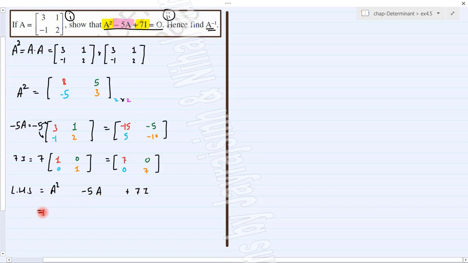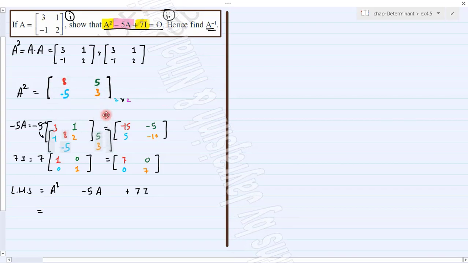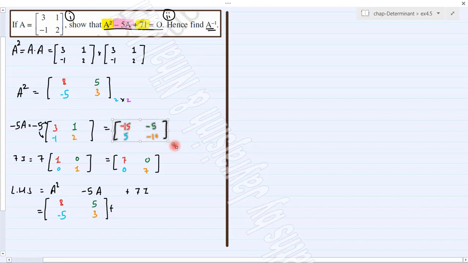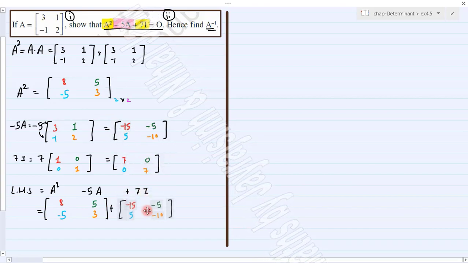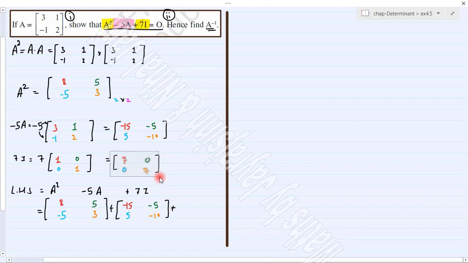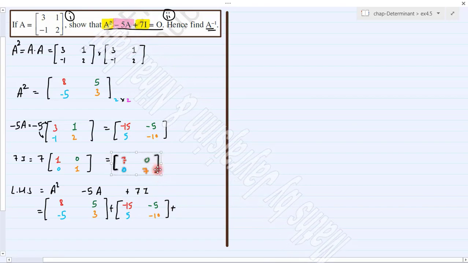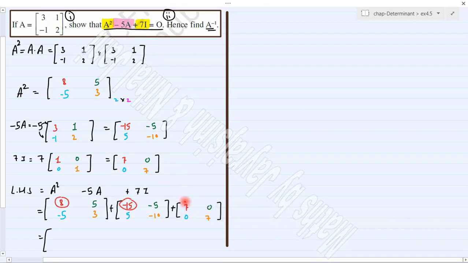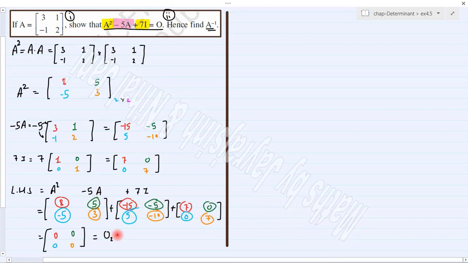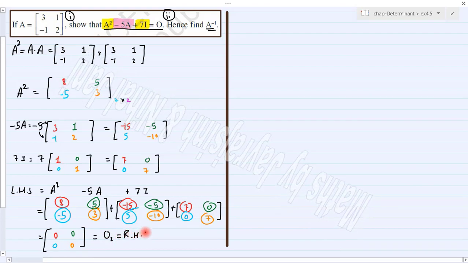So your first quantity is A square, the second quantity is minus 5A, and finally the last quantity is 7I. Now let's add respective elements. This will be 0 matrix, which is your required right hand side.